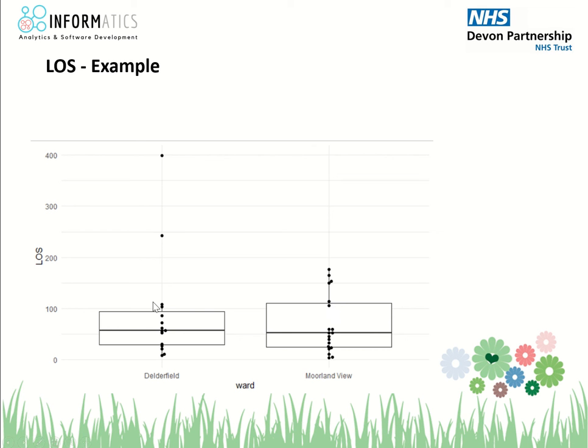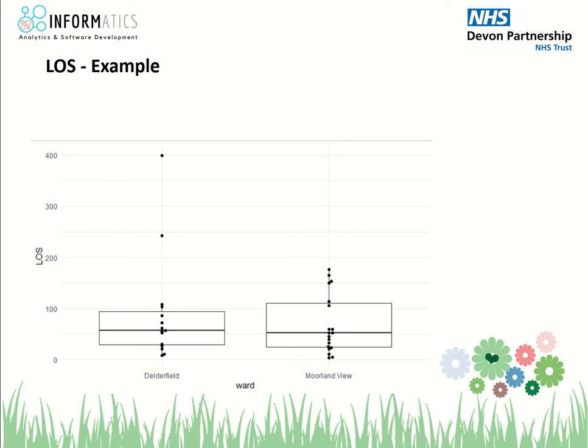With Deltafield, we are seeing that, okay, on average, there is a narrower split, and the overall split is going up to about 110 days. However, we do see that there are some individual outliers here and here who have a considerably longer length of stay. And again, we can obviously investigate and see what's going on there.